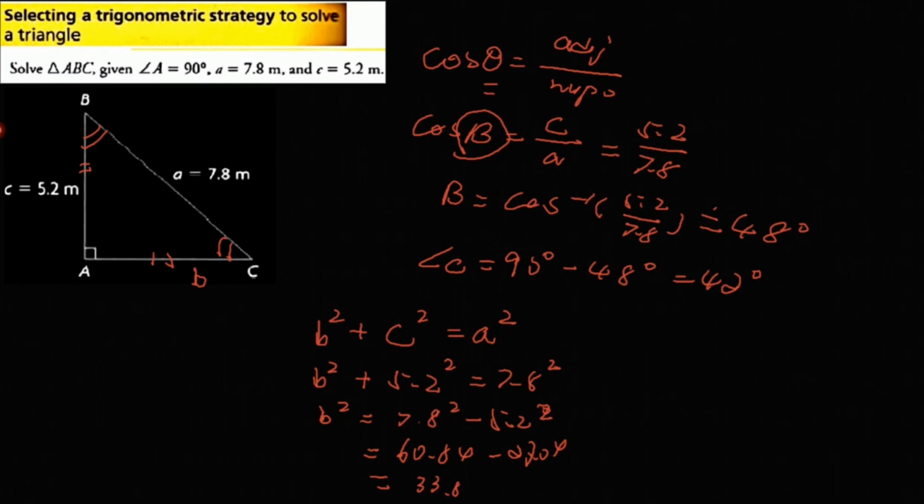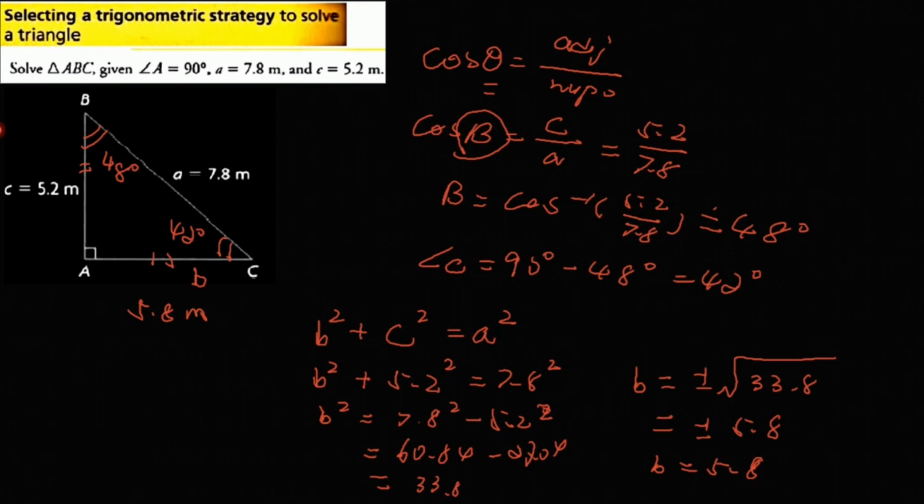Taking the square root of both sides, b equals plus or minus the square root of 33.8, which is plus or minus 5.8. We take the positive, because a length cannot be negative. So this is the answer: b equals 5.8 meters, this angle is 48 degrees, and this is 42 degrees. So we solved triangle ABC: we know the three lengths and the three angles.